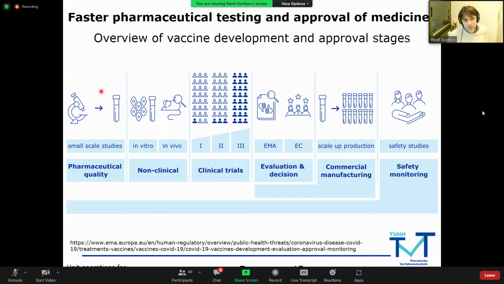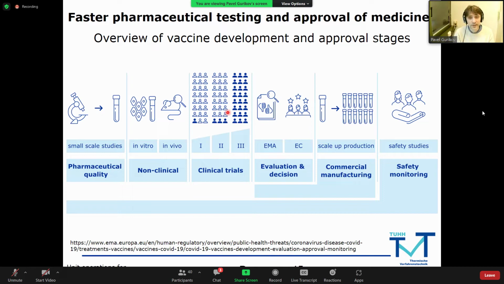Big pharma invests a lot of money here and here, and also in clinical trials, and then you have a non-zero probability that you fail at one of these steps. It means that all your effort has to start from the beginning.